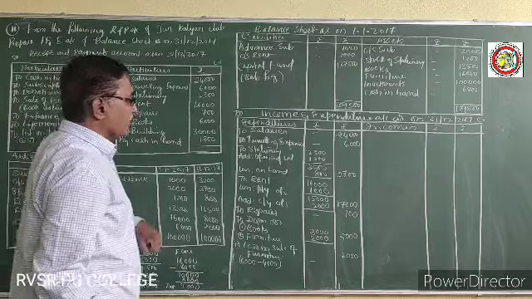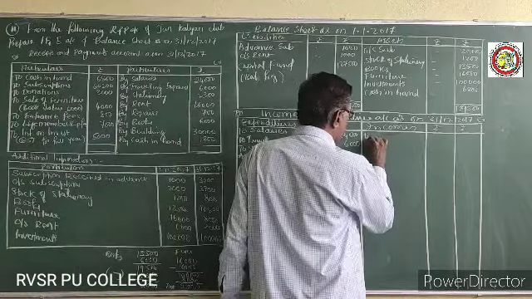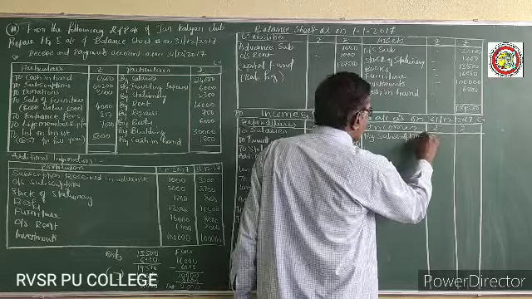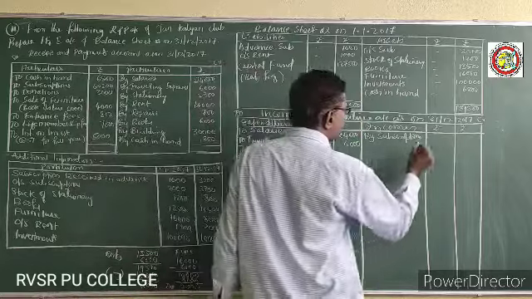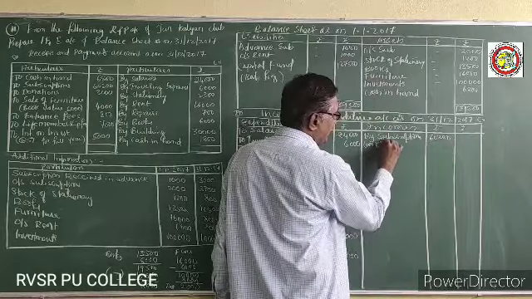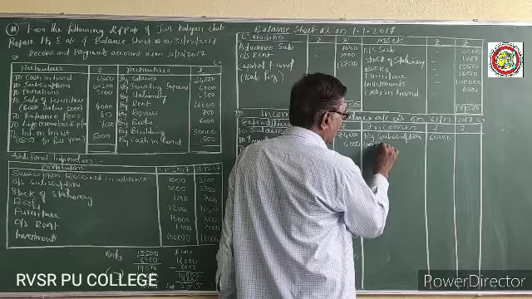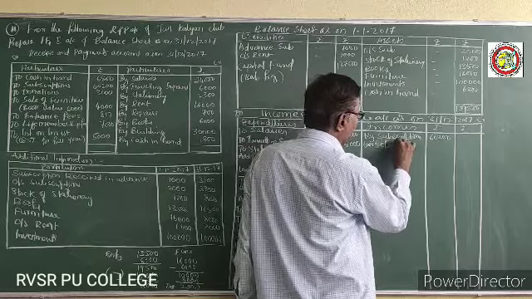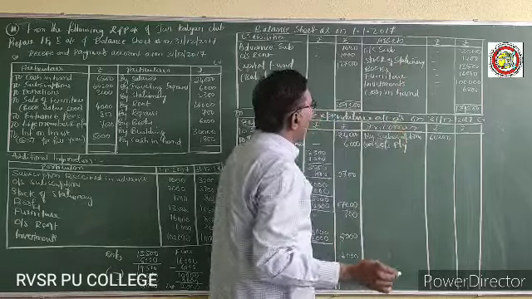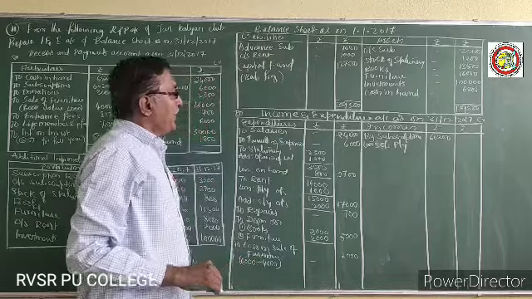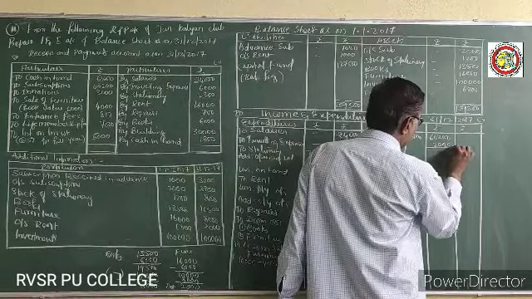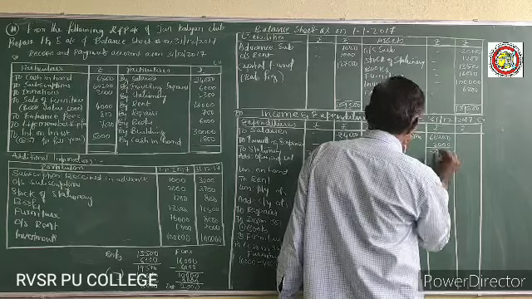Coming to the income side, subscriptions. By subscriptions, the total is 60,200. Less outstanding in the previous year 2,000, so 58,200.